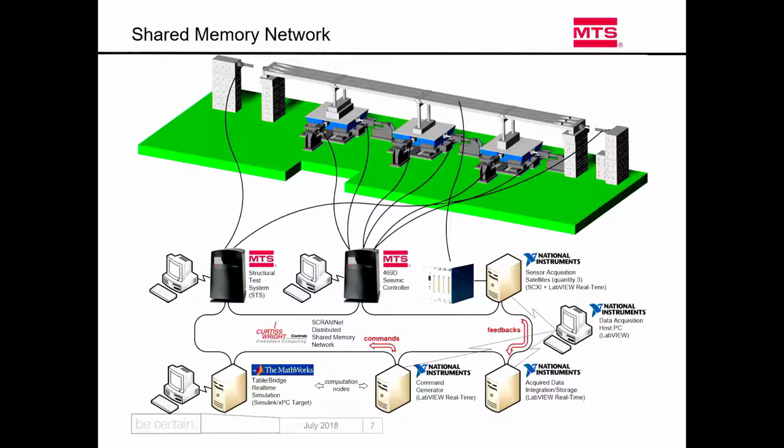This slide shows, like we talked about, that you could have a very complicated system, with multiple seismic tables, each with its own servo controller. You need to have some model in the loop, and you have a target PC that runs it.